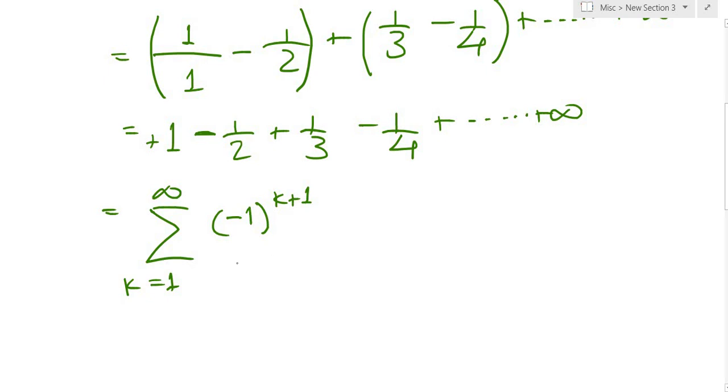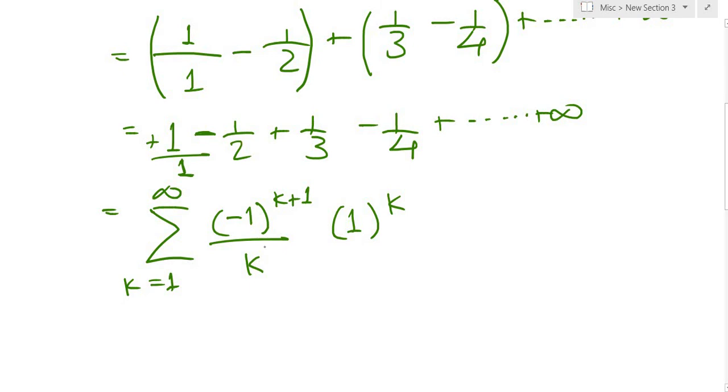So k plus 1, divided by k, because when k is 1, it was 1 over 1, right? I didn't write the fraction. And when k is 2, there's a denominator 2, so k. And the 1 in the numerator just stays the same.